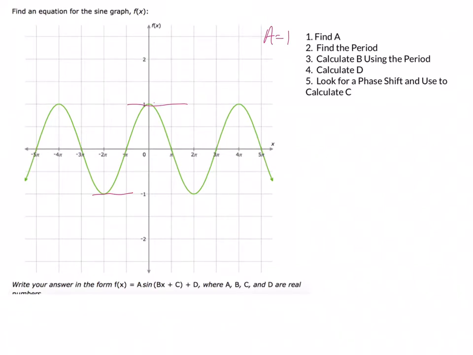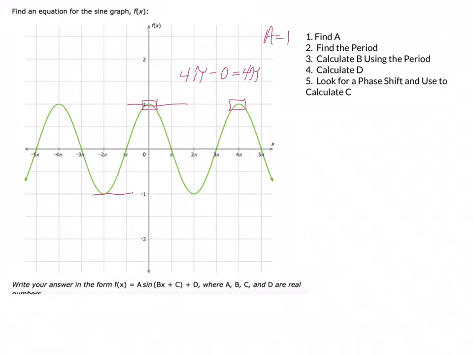In this case, the period is going to go from, let's do max to max, because that's already set up for us. So let's do 4 pi to 0. So we're going to do 4 pi minus 0. So the period in this case is 4 pi. So now let's calculate b.